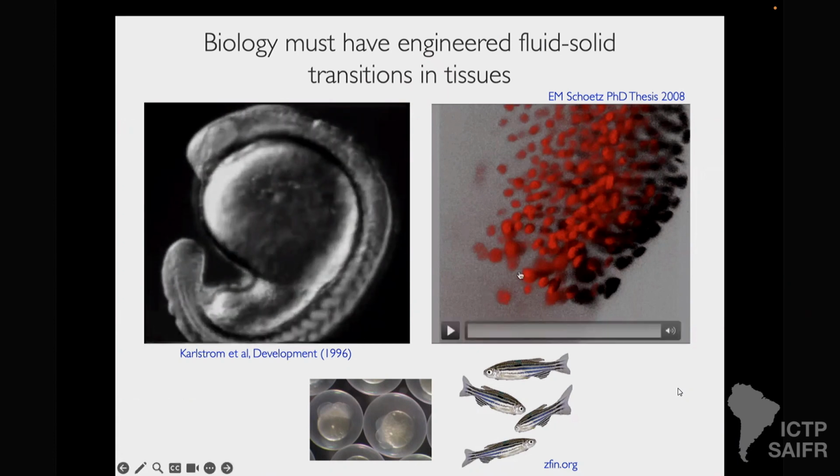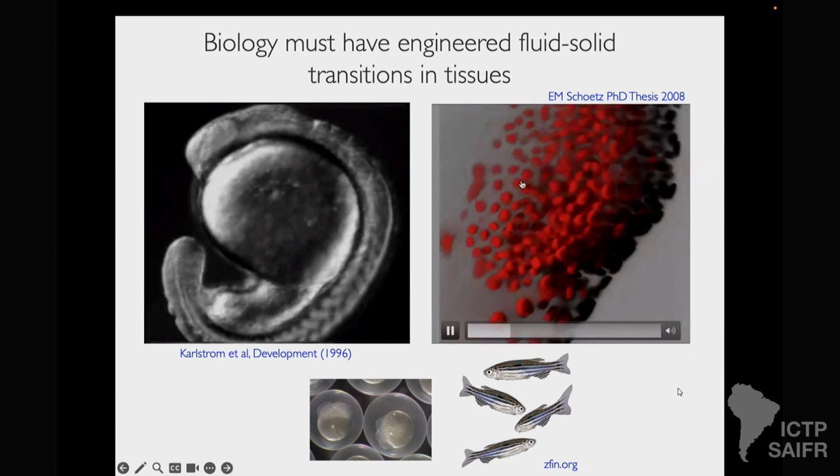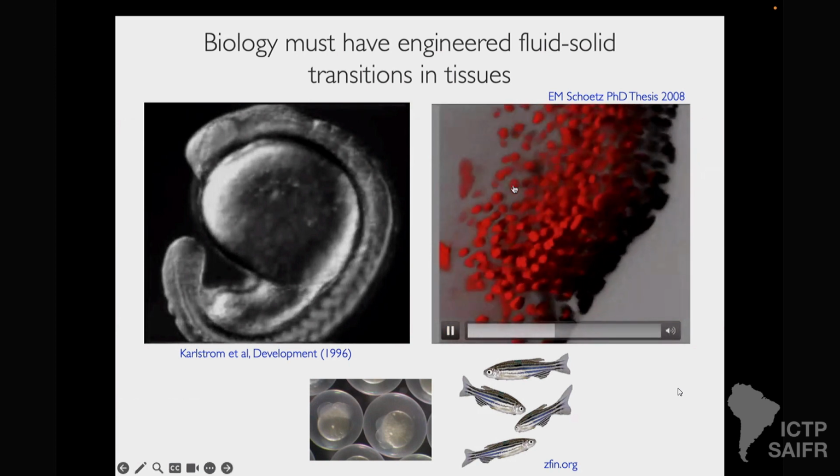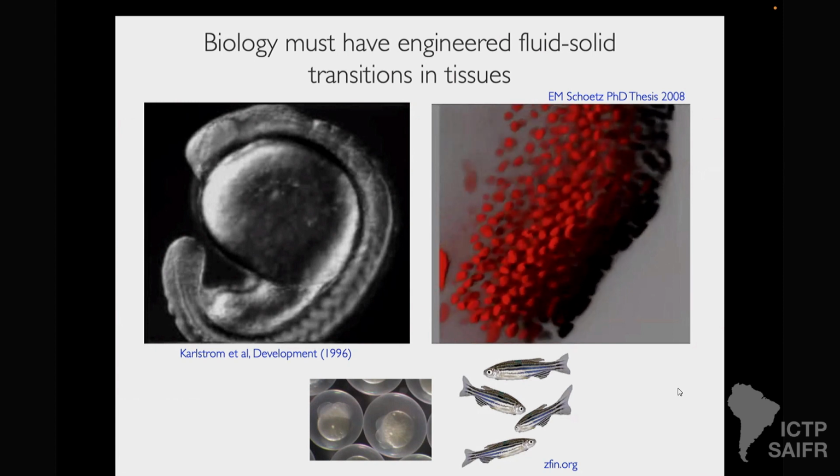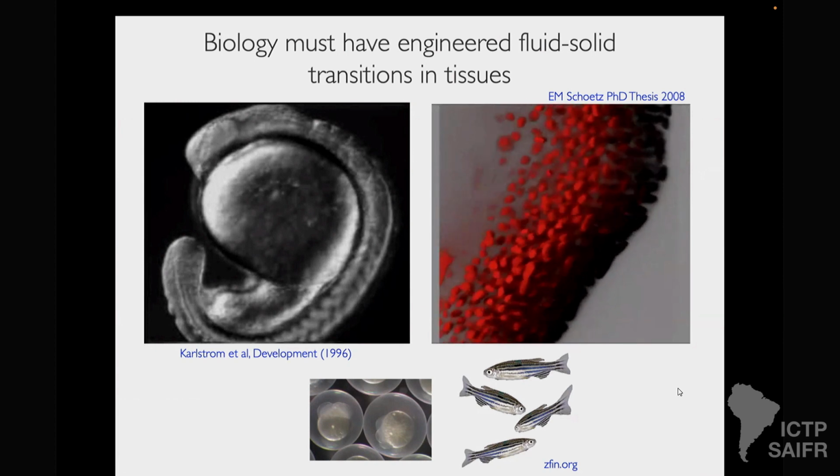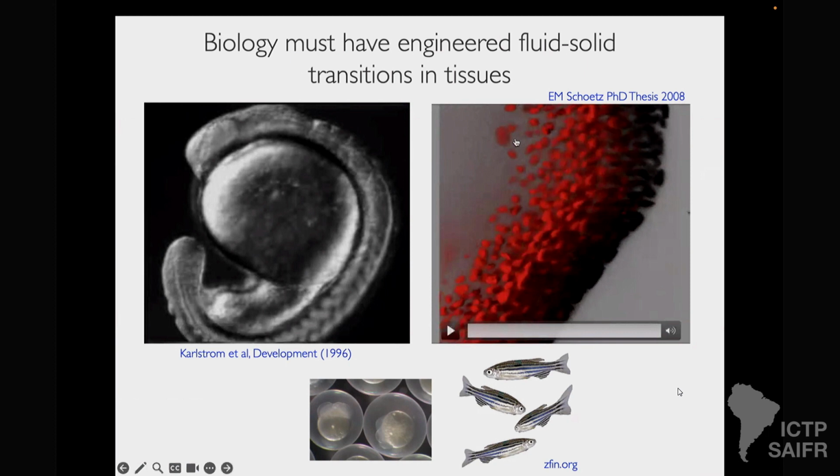And if you zoom in and look at the individual nuclei, so these red dots are the nuclei during the stage when the body is moving down across the zebrafish, you see that there's a fair number of cell rearrangements there too. And the idea in general, as a physicist, is pretty obvious: these types of fluid-solid transitions should happen and should be controlled.